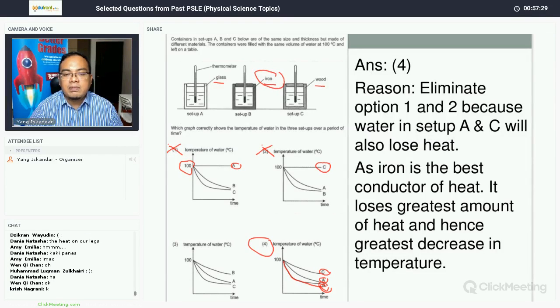Secondly, if you have the concept, you may not know how to express or apply. This one you need to refer to the 2 webinar videos that I've recorded in the past. Number 1 is how to answer application question. Number 2, how to answer experiment question. In those, I show you very clearly what are the steps that you need to look out for.